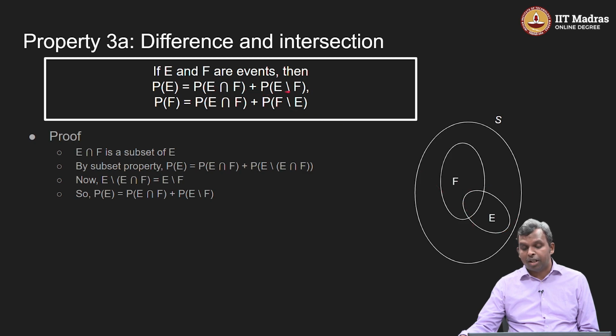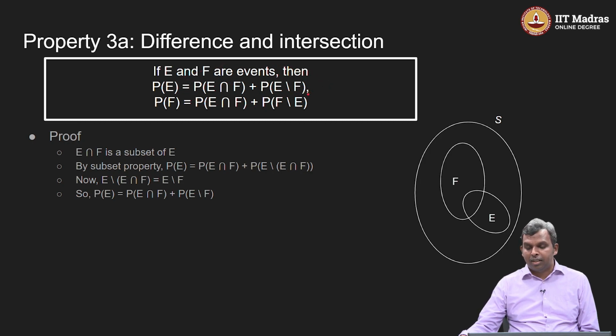So all of these will be in E minus F, okay. So just the subset property applied to E intersect F and E will give you this result, okay.